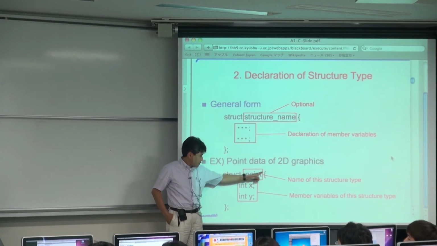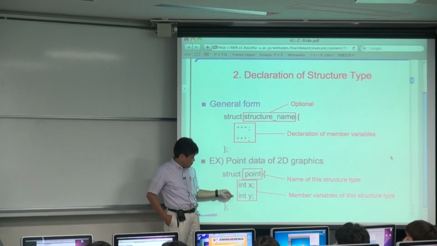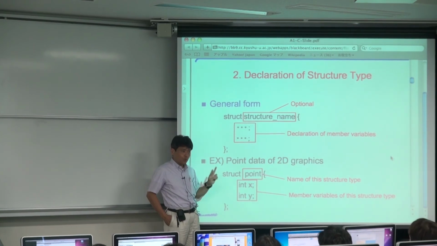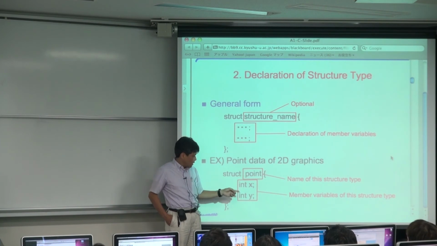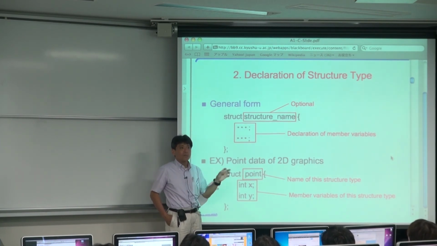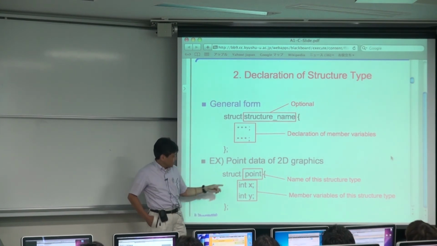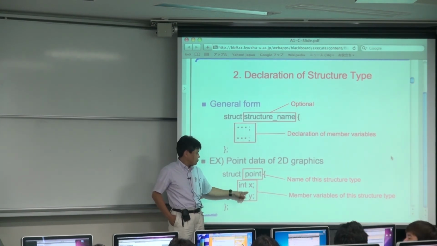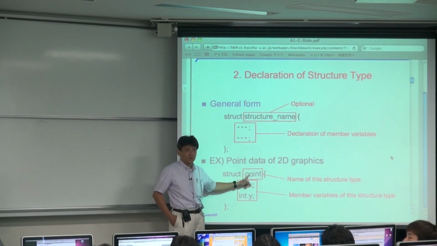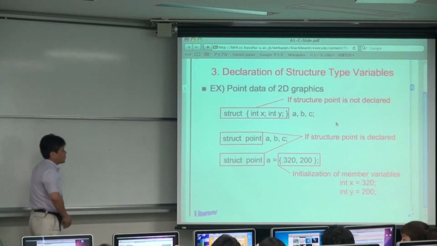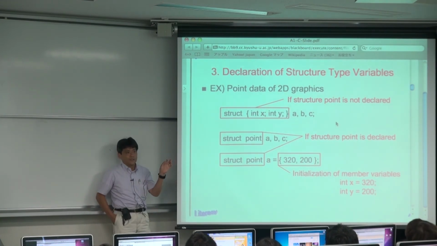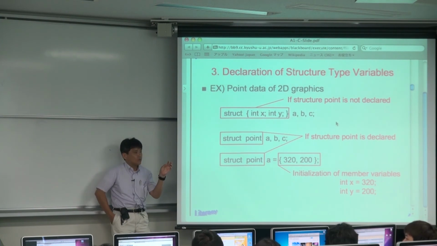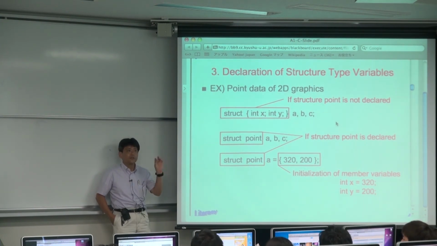And inside the brackets, you can define two integer type variables, x and y. Such variables, as I already explained, are called member variables. So in this case, x and y are both member variables of the point structure data. After defining the structure type, you also have to declare the variables.